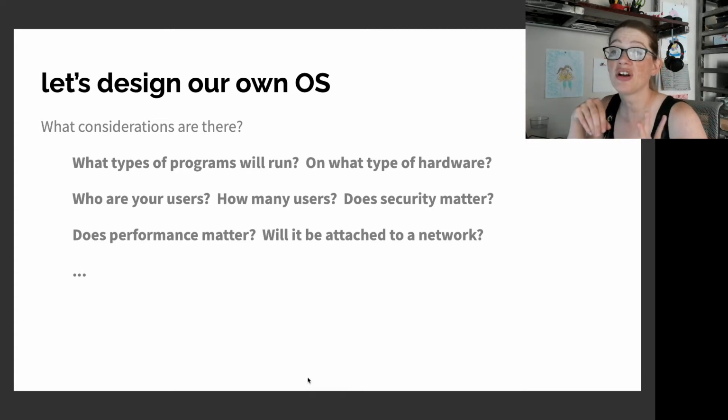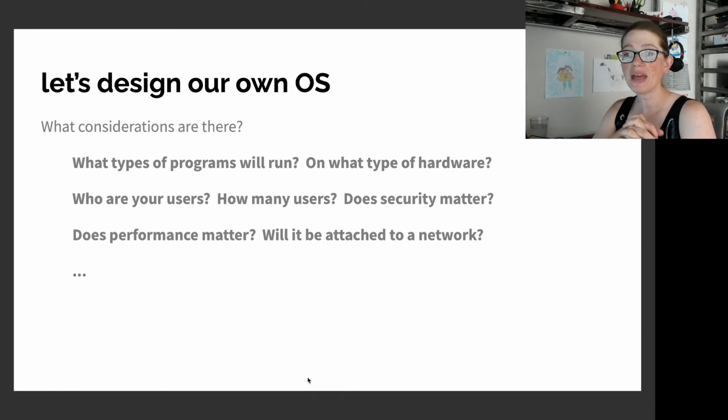A receipt printer may need some networking in order to send Wi-Fi signals, but it's not going to need things like pipes. It's probably not going to need a terribly complicated graphical UI. There's a lot of design decisions.